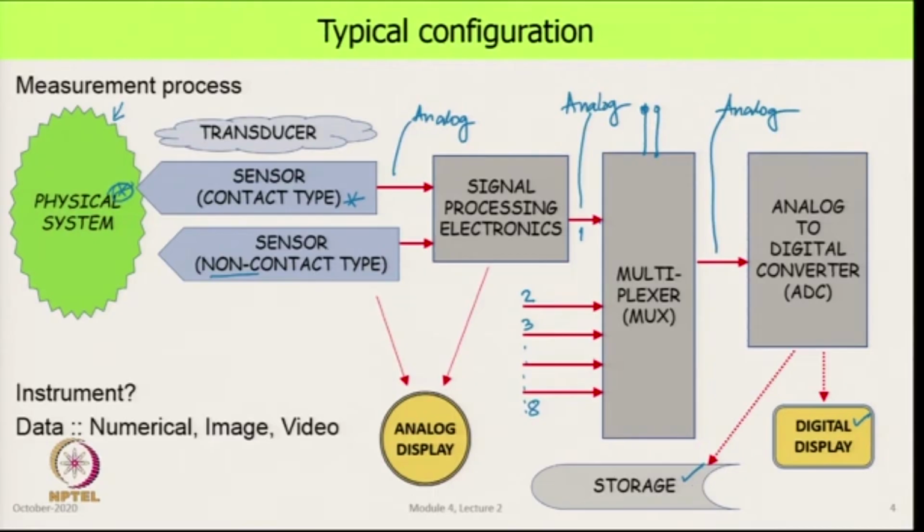Similarly, the signal coming out of the instrument here, which is an analog signal, can also be displayed, but recording is only digital. In some devices, these two could be swapped, that we could first have the multiplexer and then do the signal processing and then send it to the A to D converter. That could also work.